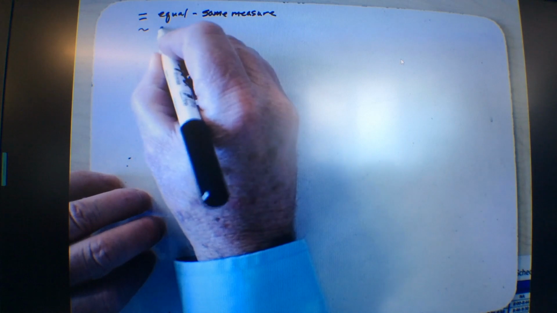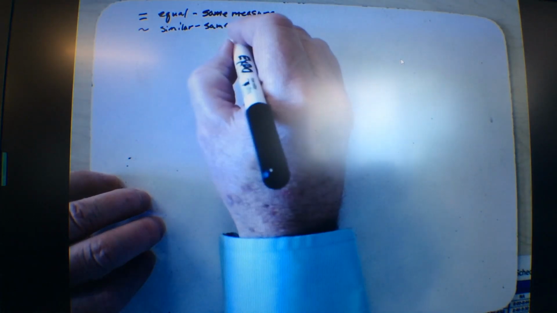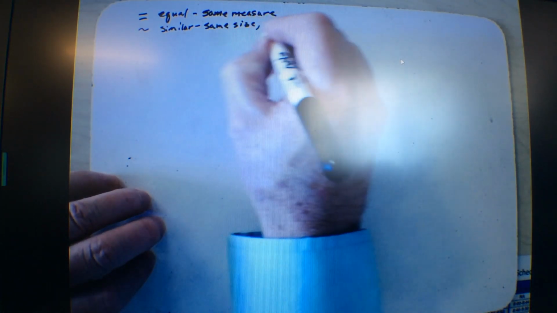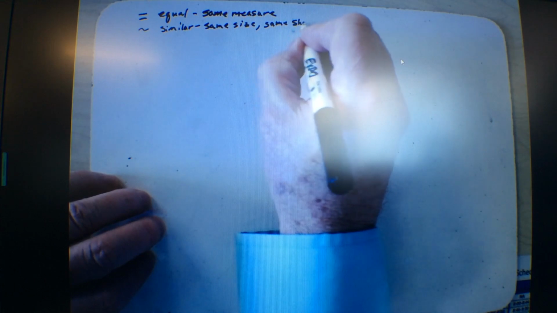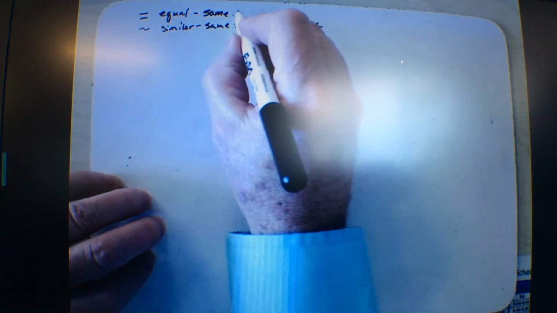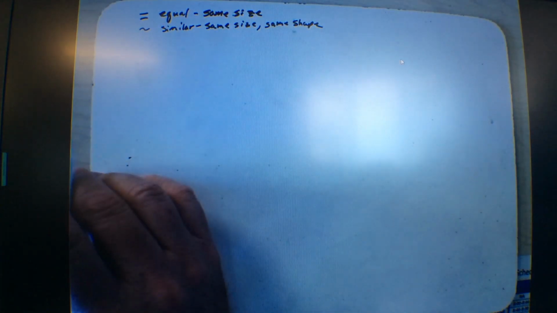This symbol means similar, and it means same shape. To be honest, on the one above it, I meant to say same size, not measure.